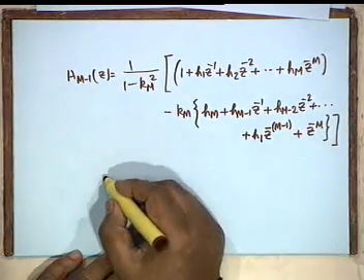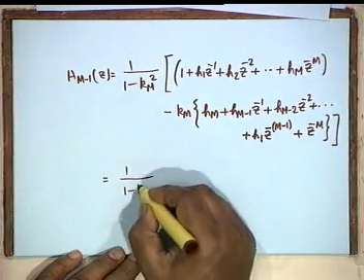So, I collect the coefficients now. So, I get 1 minus Km square.